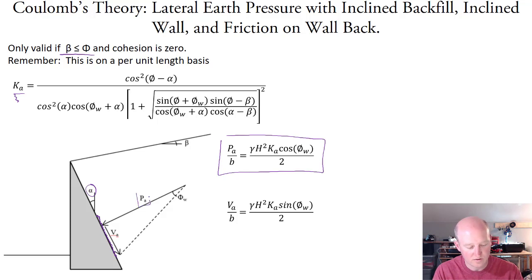And so we just solved for the stress that's normal to the back face of the wall. And there's another equation for the stress that is parallel to the back face of the wall, like a shear type of force. We haven't seen it yet, but we are going to some moments and some forces in the x direction. And so at some point, we're going to want all these forces to be either horizontal or vertical.